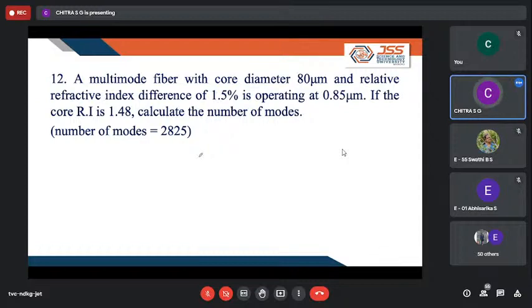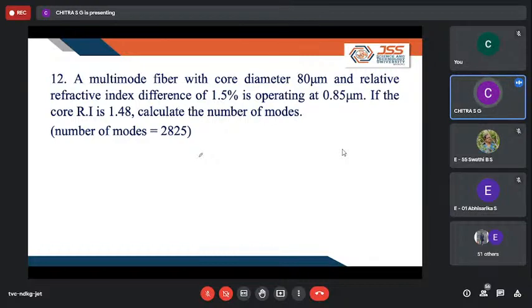If the core refractive index is 1.48, calculate the number of modes. Write down the answer. The number of modes you should get is around 2825.